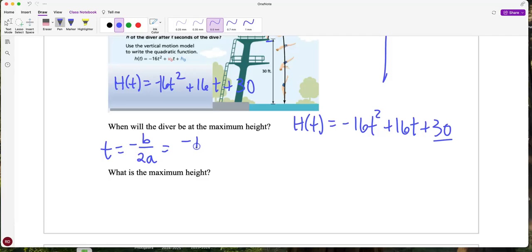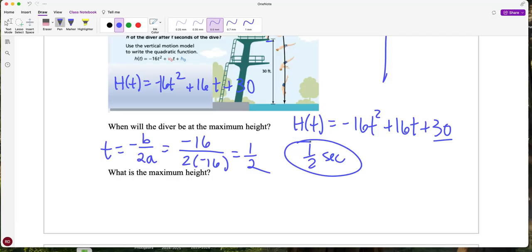So that's going to be negative 16 over 2 times negative 16, which is 1/2. So at 1/2 second, I am at my maximum height. So that's telling me this is the x value of the vertex.